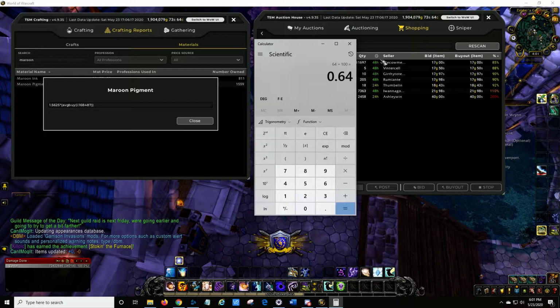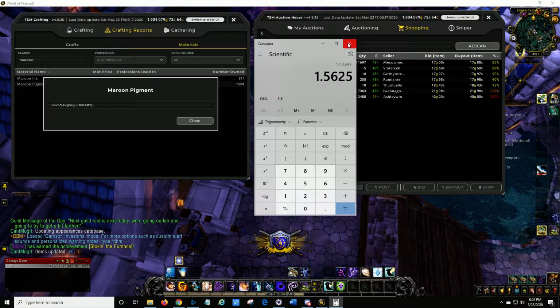So what does that mean? The cost is that you're paying for this, we're just going to invert it. So that's the number here. So I have 1.5625 times the average buy price of xanthid.